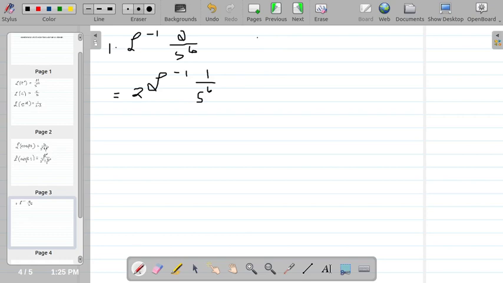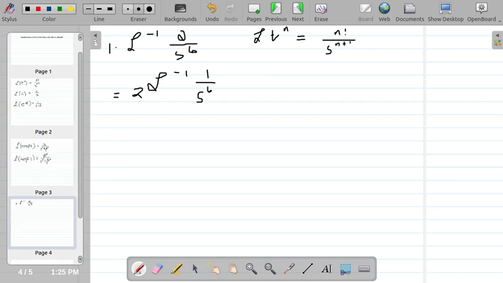We know that the Laplace transform of t raised to the power of n is n factorial over s raised to the power of n plus 1.